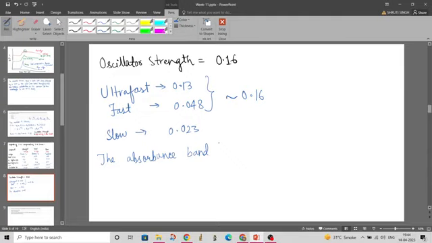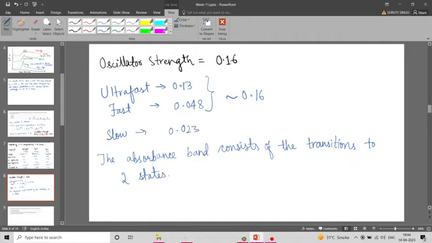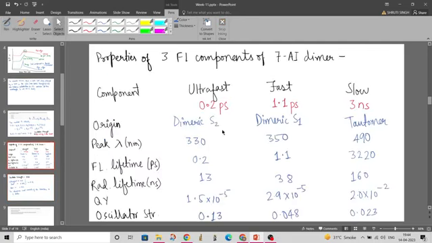This means that the absorbance band consists of the transitions to two states. Those two states were dimeric S2 and S1.